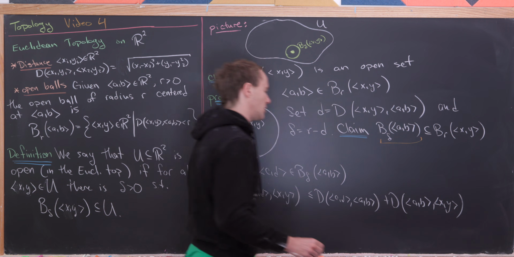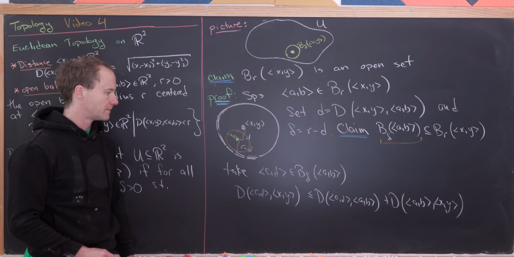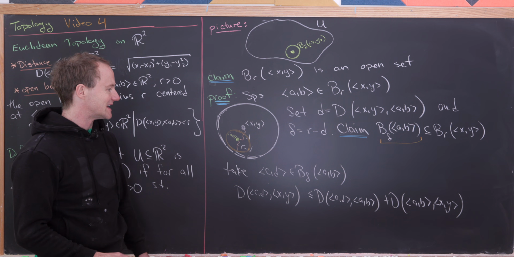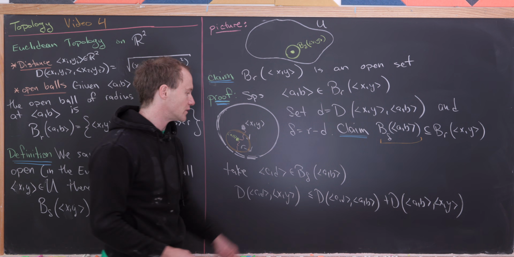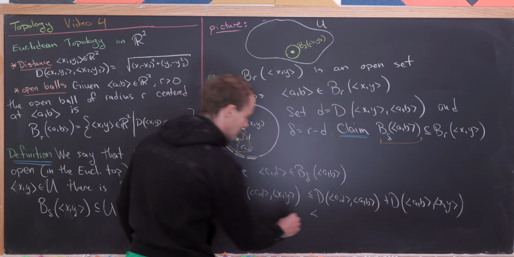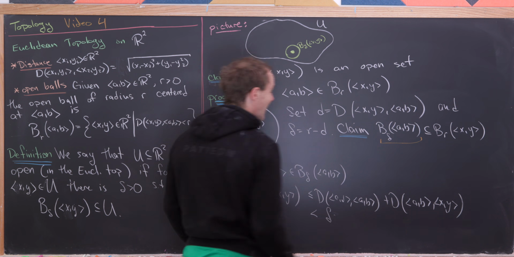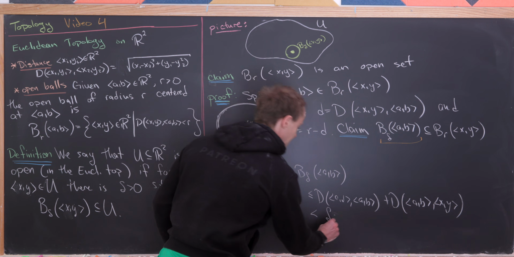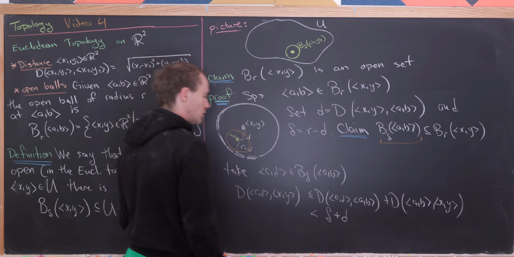And that's by something called the triangle inequality. But then we know that the distance from (c, d) to (a, b) is at most delta. And in fact, it's strictly less than delta. But then we defined the distance from (a, b) to (x, y) to be equal to d.